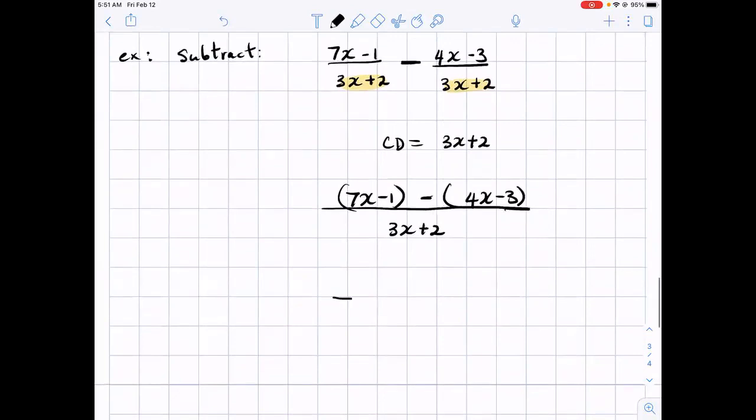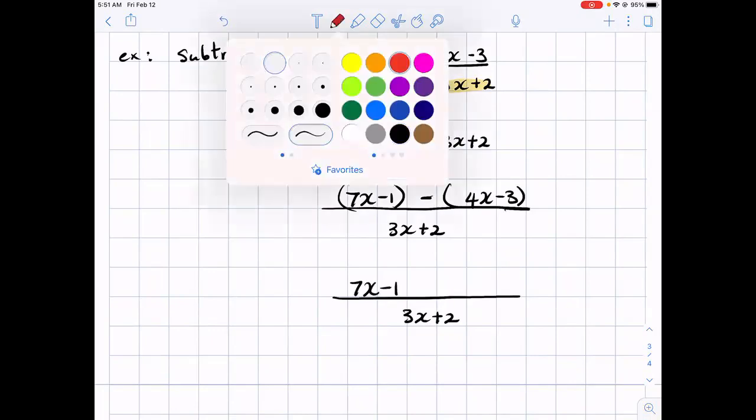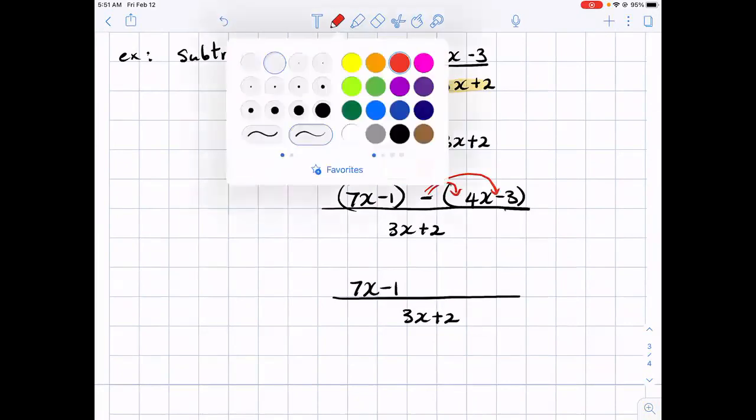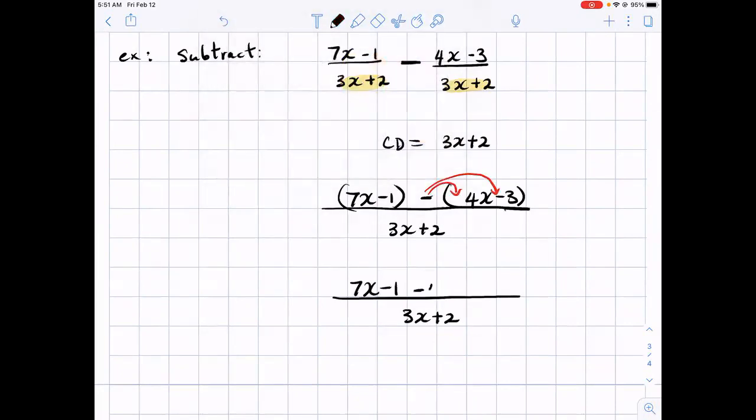Now we keep the denominator as we've been doing, 3x plus 2, and then we have 7x minus 1. But as you distribute this negative sign, this becomes minus 4x plus 3.